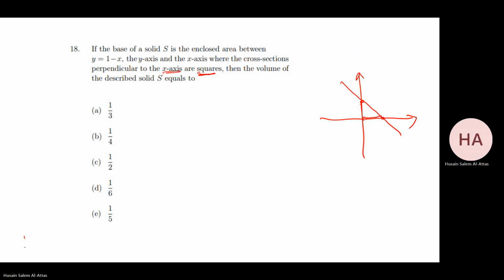So let me do the base. That will be my base. So the base will be 1 minus x. And squares, so the area is the base squared. So the area will be 1 minus x square, from 0 to 1.